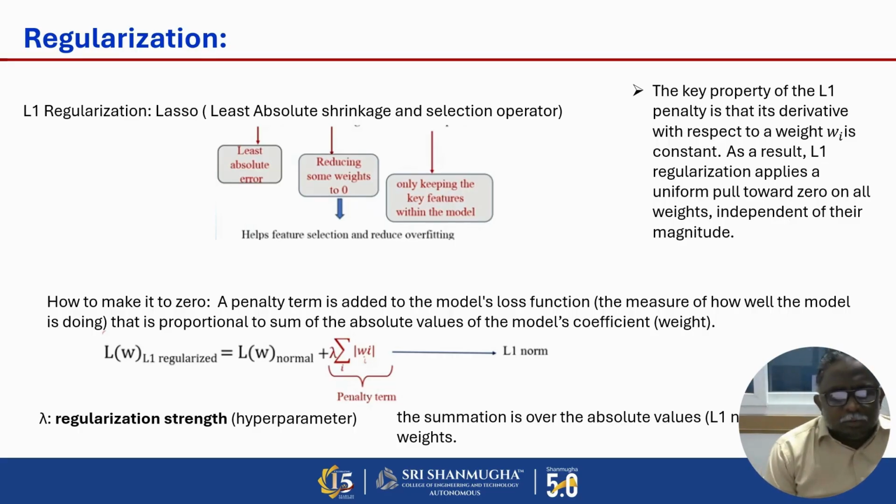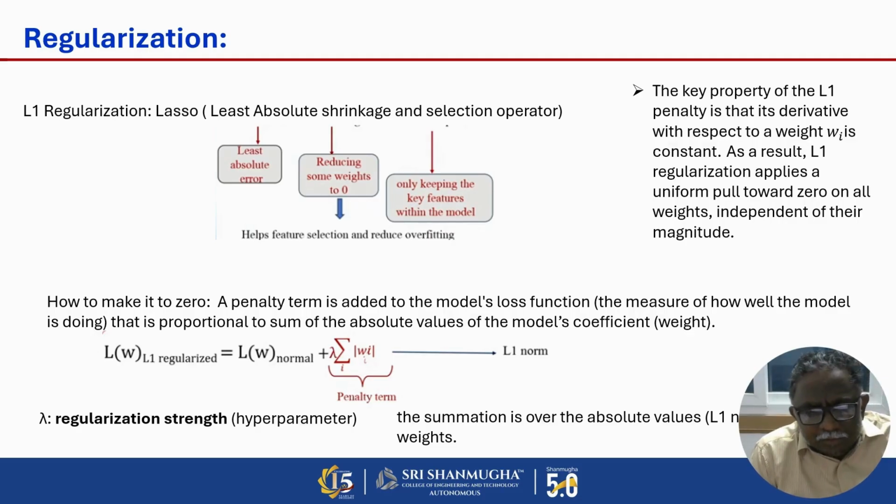In the machine learning model, the objective is to minimize the loss, and we add a penalty term, which contains lambda and the summation of absolute weights, to the model loss function.